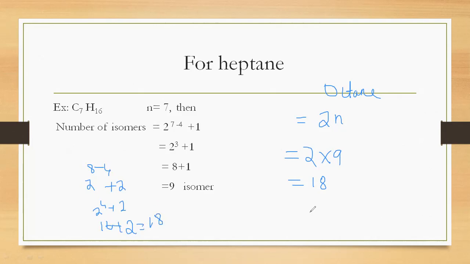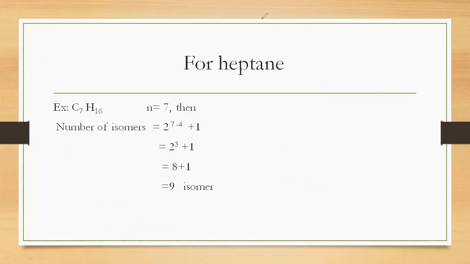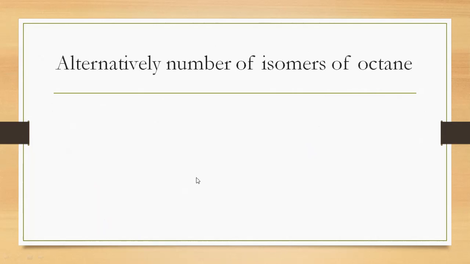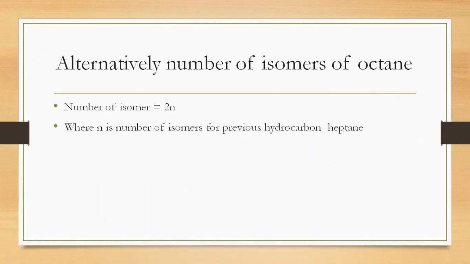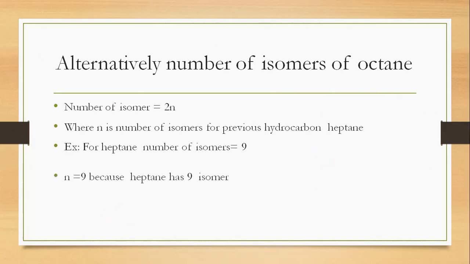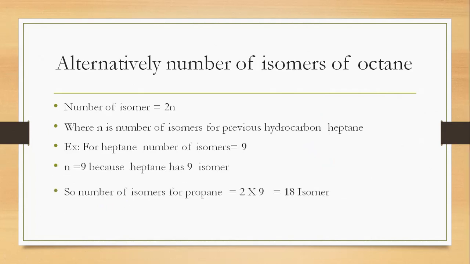Both are giving the same, which means our formula should be correct. So this is the alternate method. Heptane I already calculated as 9 isomers. So 9 into 2 is 18 isomers.